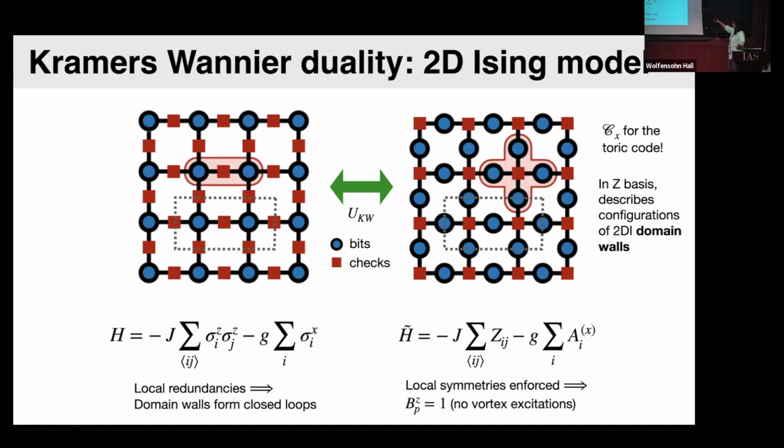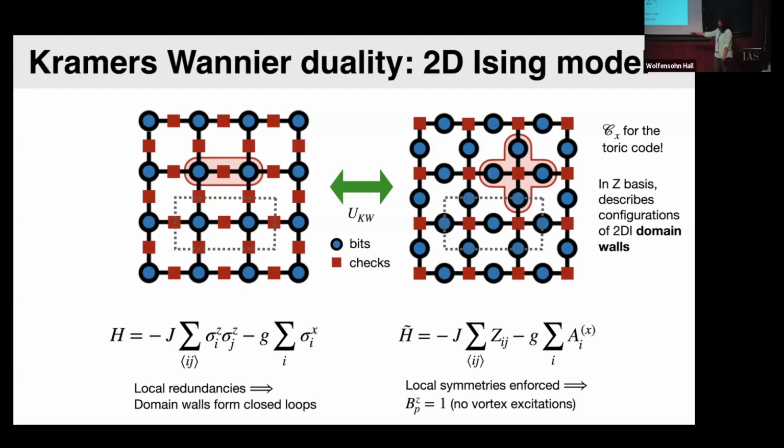But what's the missing feature again? Remember, when you do this unitary transformation, symmetries on both sides have to be enforced in order to get the Hilbert space dimensions to match up. That's the only reason we can call this a duality. So the fact that you had local redundancies here, which was enforcing your domain walls forming closed loops, means on this side that any configuration of CZs which is -1 has to come in a closed contractible loop.